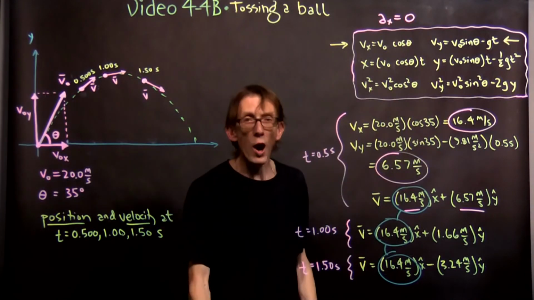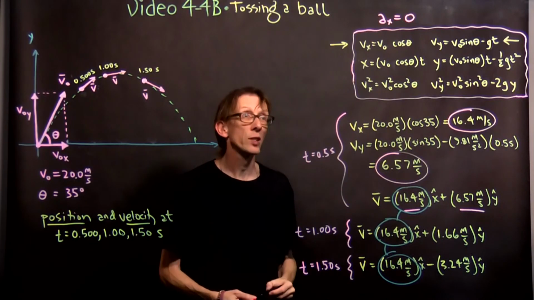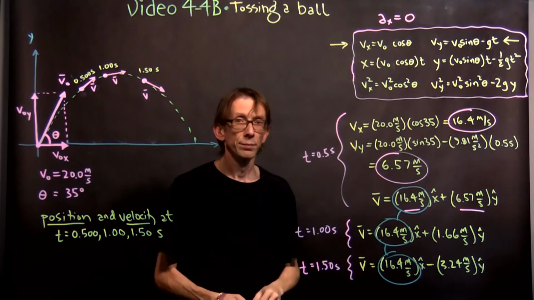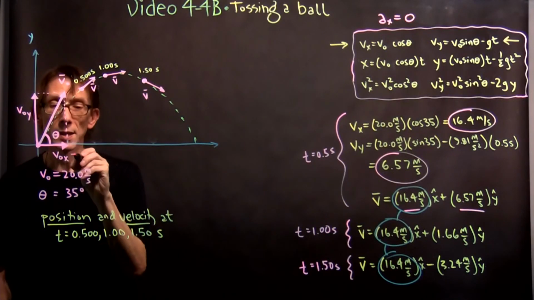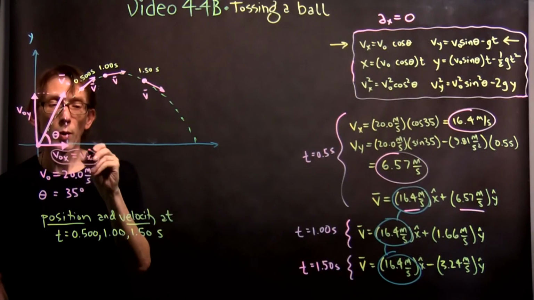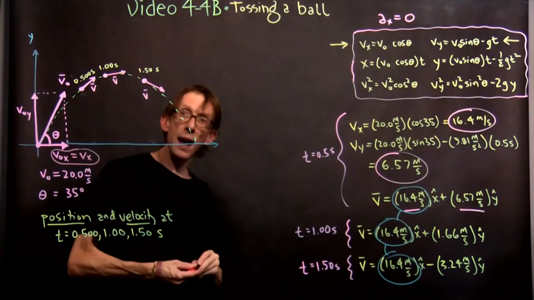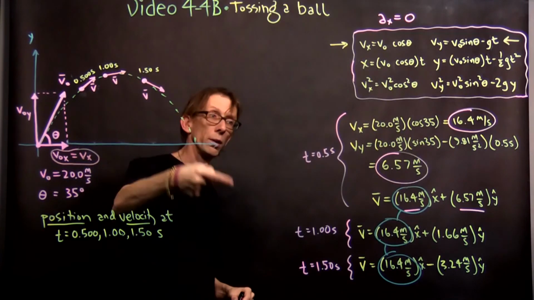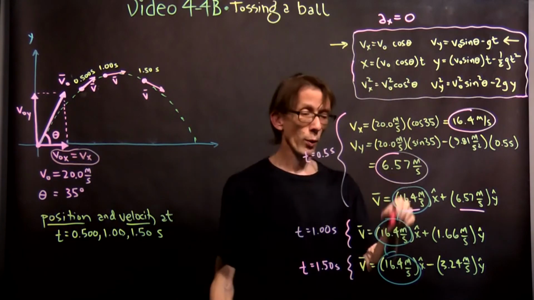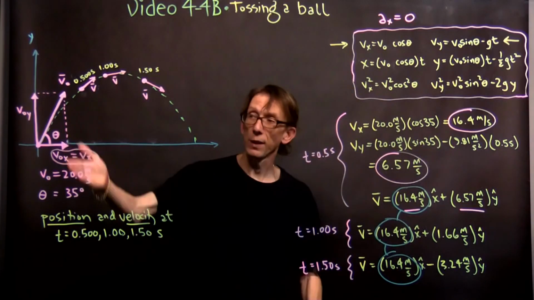Which means there's no change in the velocity in the x direction. Whatever the initial x velocity is, this is the x velocity for the whole trip. The x component of the velocity does not change, ever. It remains 16.4 until it hits the ground, from the time it leaves your hand to the time it hits the ground.